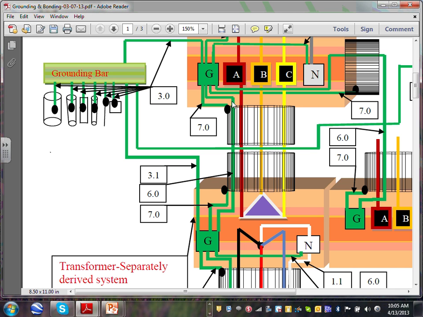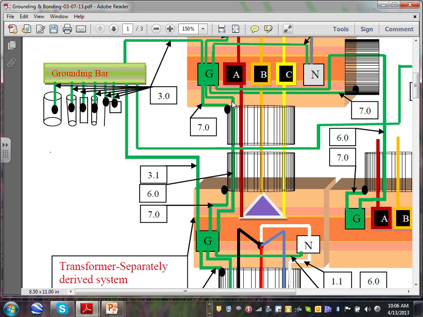On this side, they call it the supply side bonding jumper. On this side, when it does the same thing, it is called the equipment bonding jumper, load side, because there's an overcurrent protection device ahead of it, and that device is going to take care of any ground faults you have here.